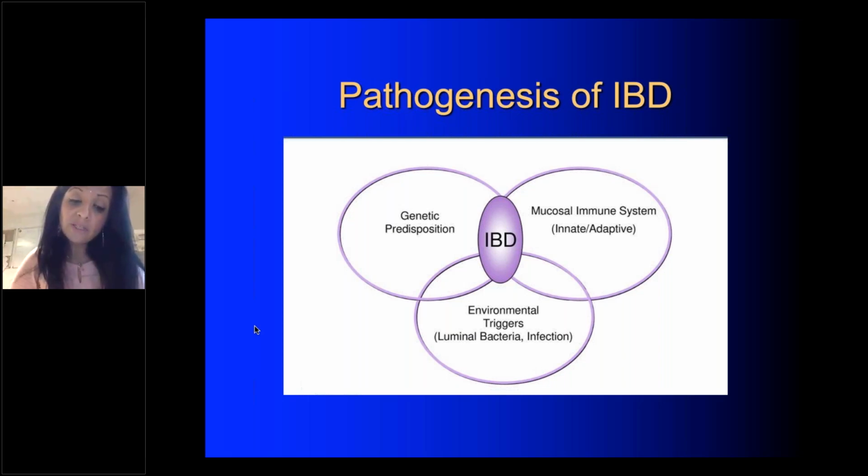But over and above your genetic predisposition, we think that your mucosal immune defense system, both your innate immune system as well as your adaptive immune system, is almost attacking the gut due to environmental triggers such as your luminal bacteria or exposure to infections. Because there are so many multifactorial etiologies, we really can't single out any one causative factor when it comes to the cause of IBD.